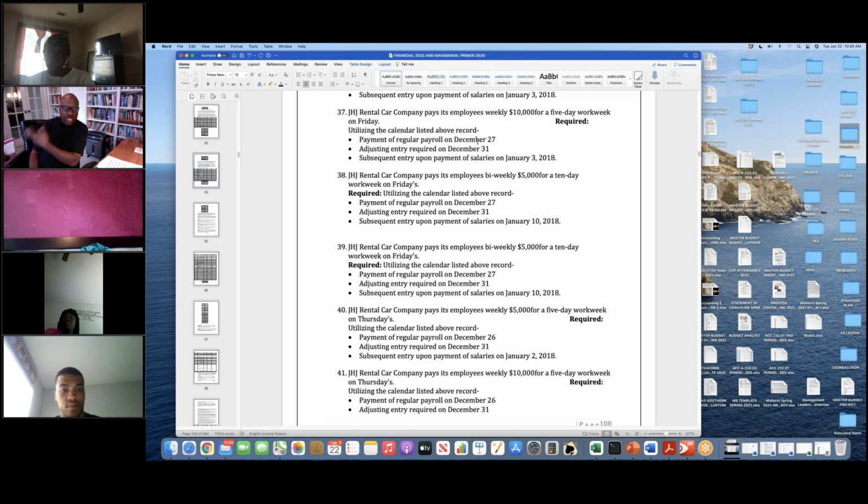So you're going to pay the regular payroll, make the adjusting journal entry on December 31st, and a subsequent entry upon payment of the salaries on January 3rd. Everybody has 10,000 for a 5-day work week.